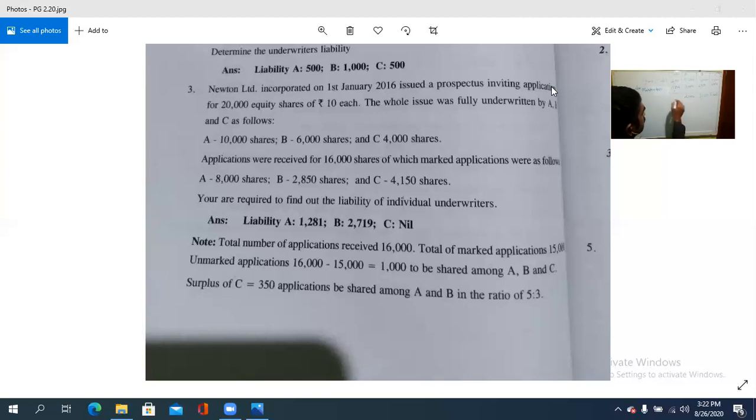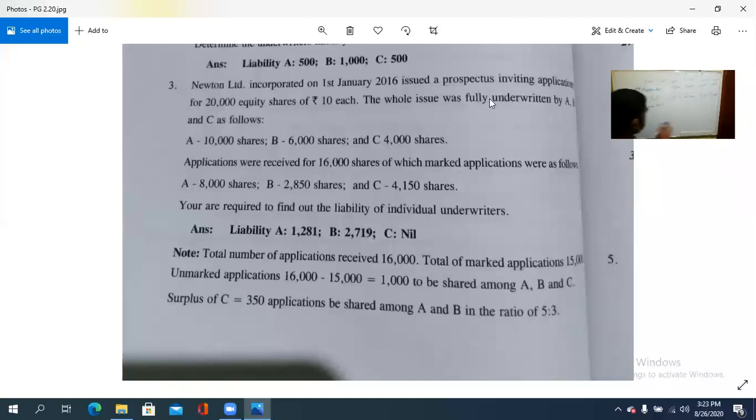So 5,000 balance. Then less unmarked application. That is to be shared among A, B, and C. Isn't it? A, B, and C.